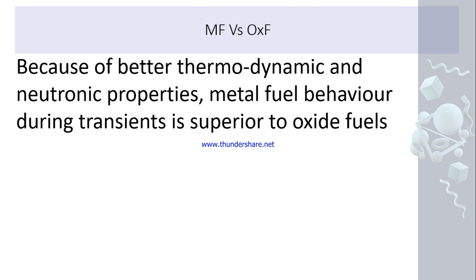It is more or less well controllable, because we can see there is a pool type and there is a loop type, which can give different transient response. In loop type, the primary heat exchanger, or intermediate heat exchanger, with primary side and secondary side, is kept outside the reactor.